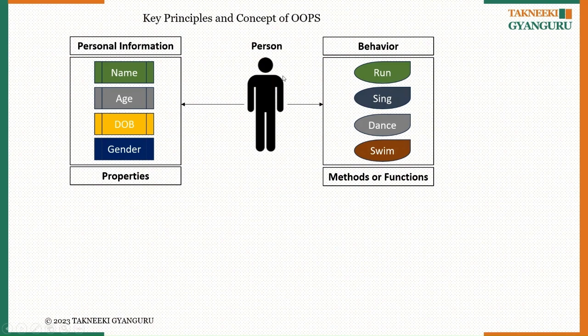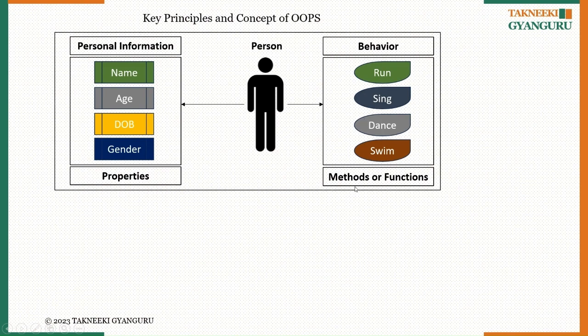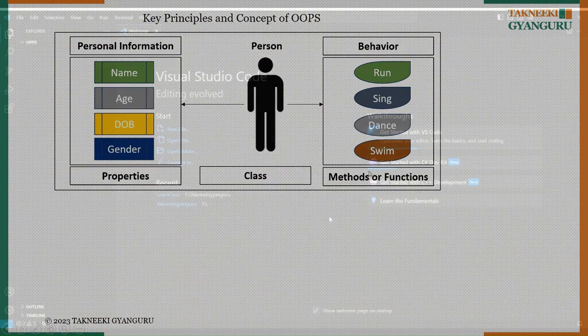The personal information is called properties and behavior is called methods. If a person has the personal information and behavior, that is called a class. The class consists of properties and methods.